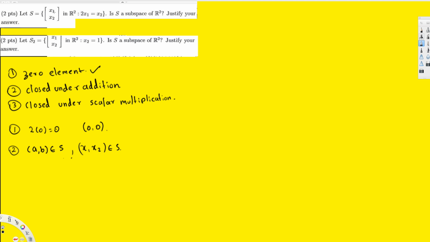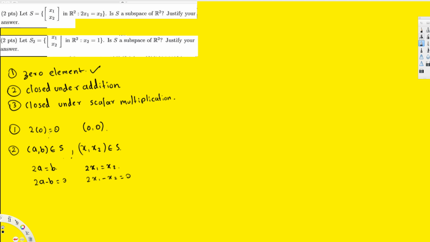Therefore, 2a should be equal to b, and 2x1 should be equal to x2. So let's rearrange this to make it easier: 2a minus b is equal to 0, and 2x1 minus x2 is equal to 0.